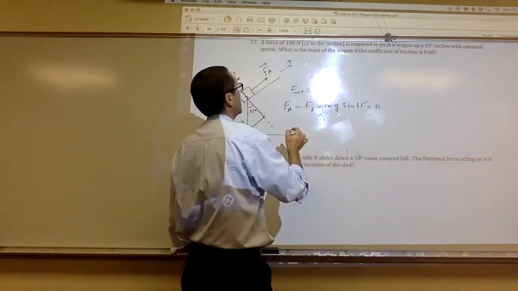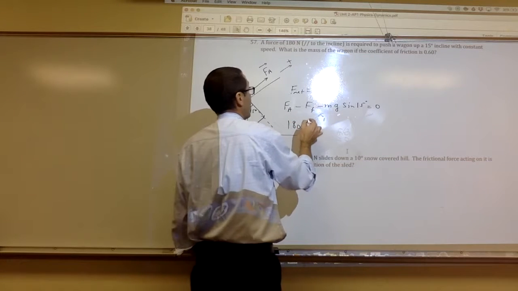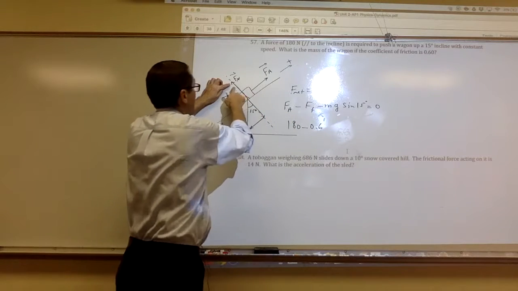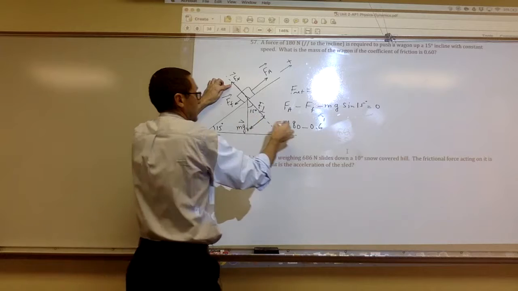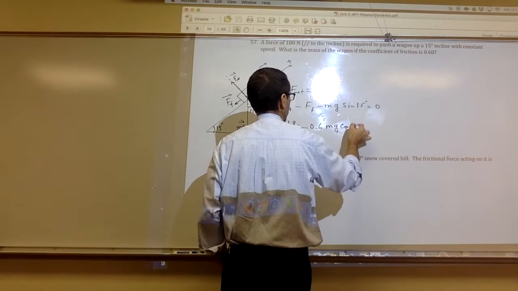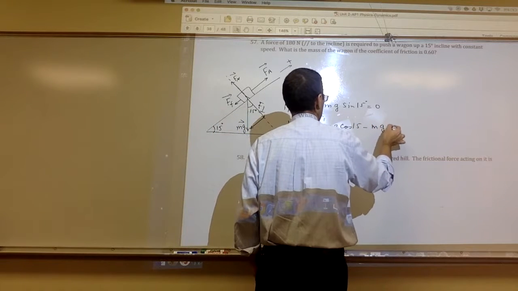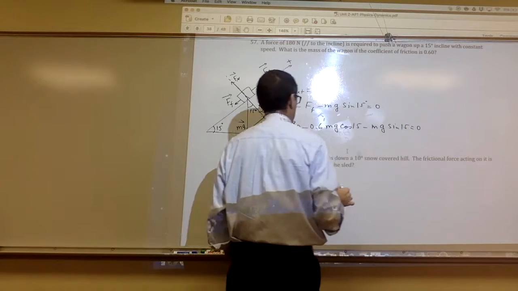This is 0 here. So the Fa is 180, Ff is mu Fn, and Fn is the same as this perpendicular component. Okay, so that's mg cosine of 15 minus mg sine of 15 equals 0.